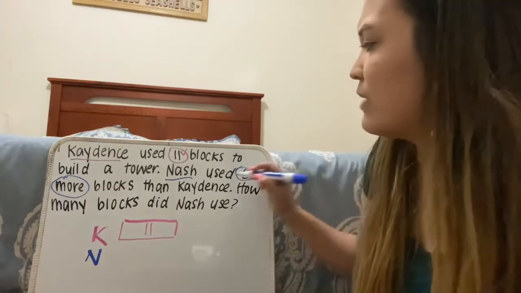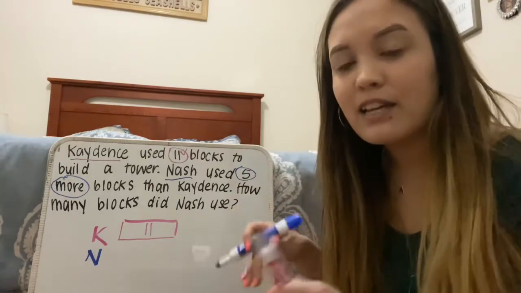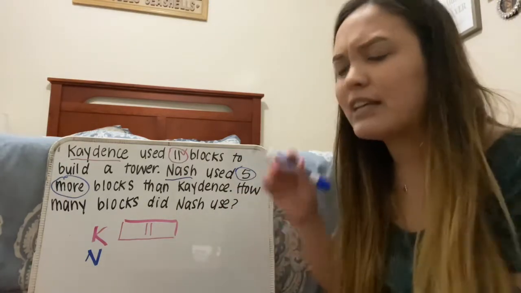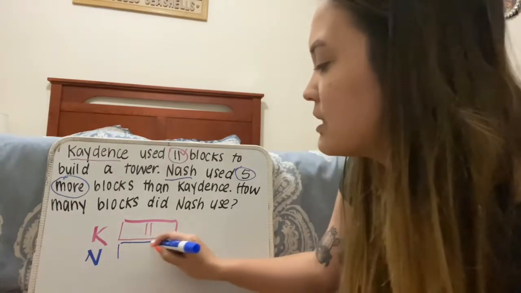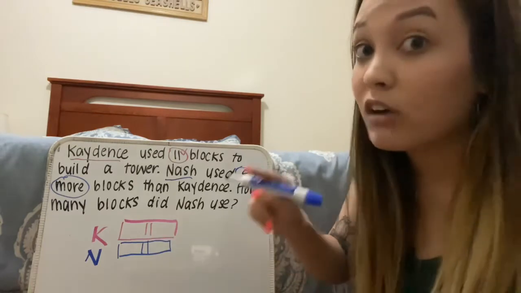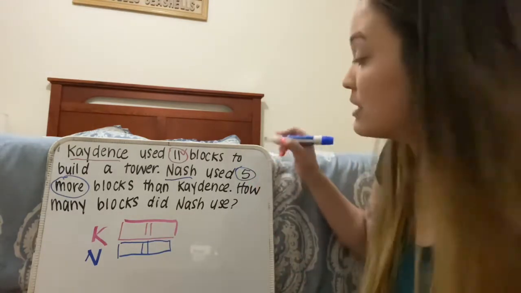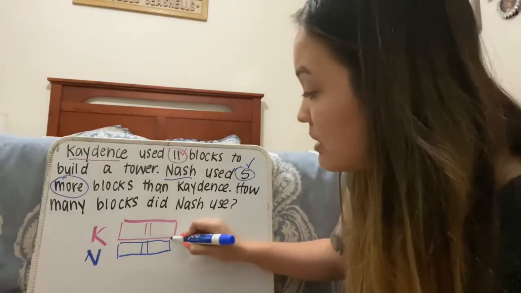And then we also have Nash who used 5 more blocks than Cadence. So we have to think about that. Nash already used 11 blocks. He used the same amount as Cadence. But he also used how many more? He used 5 more. Put a check because we're using it. We're not going to use it again.